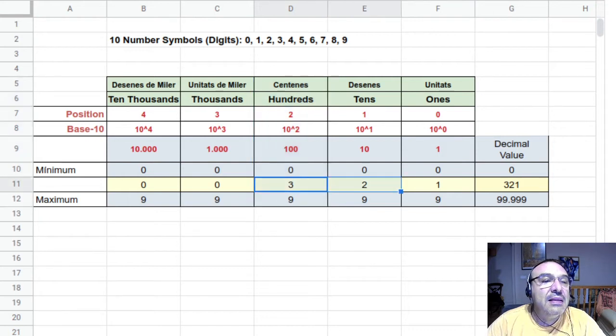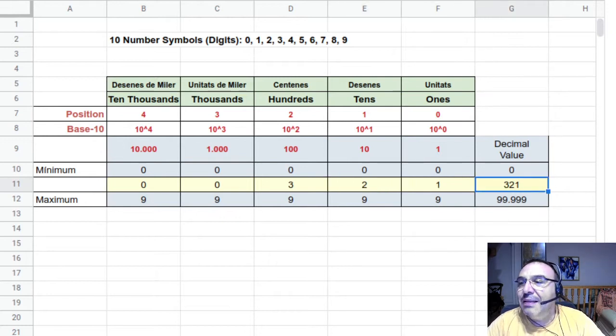So the number 321 in base 10 is just 321. That's easy. We are used to it because we count in base 10.